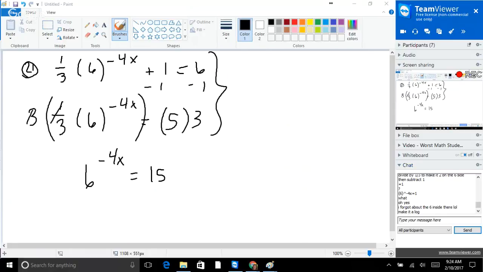There you go. So there's this weird logarithmic property called the power property, right? We talked about the properties of logarithms. So this is the power property.